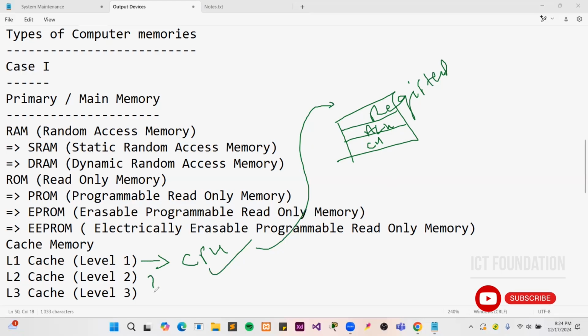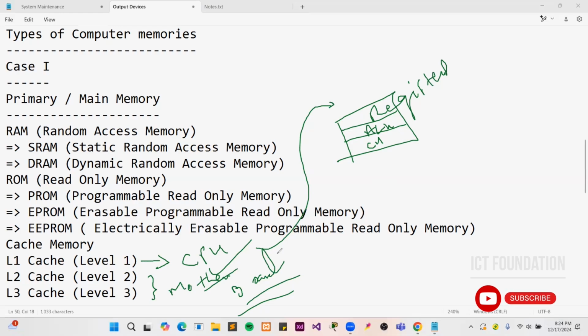And L2 and L3 memories are located on the motherboard. In the computer motherboard, we have the L2 and L3. What is the motherboard? The motherboard is the main board of the computer system, which consists of all physical components, computer ports and computer slots, as well as memories like RAM.